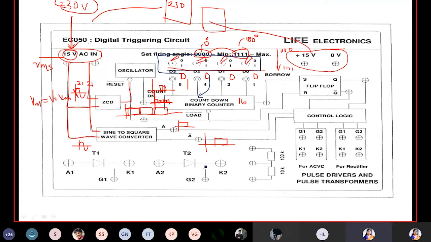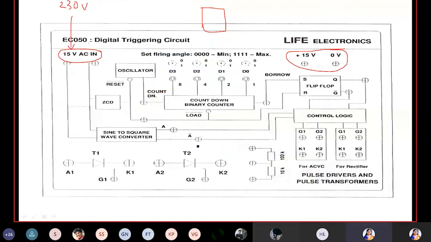At load, we can see that the output of the ZCD and the load are the same. The output of the ZCD is going to load and to the reset terminal.